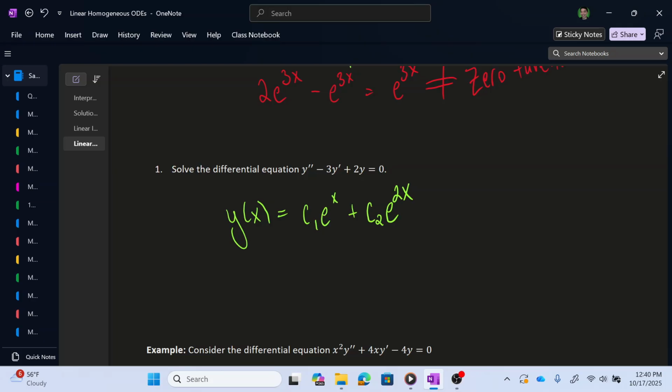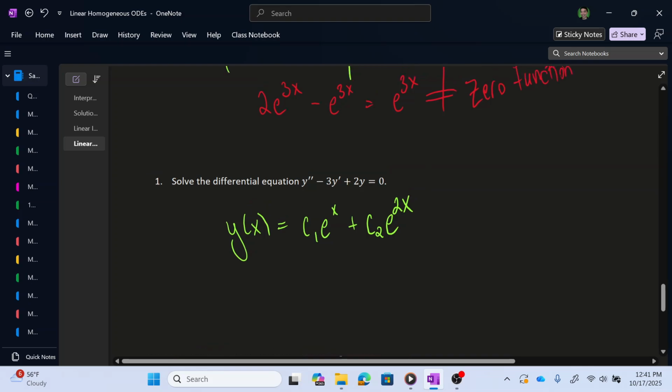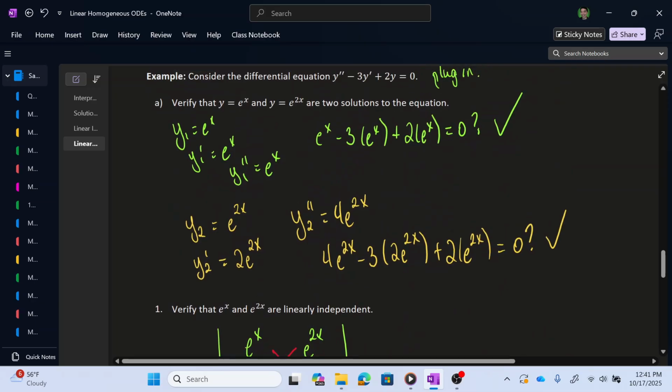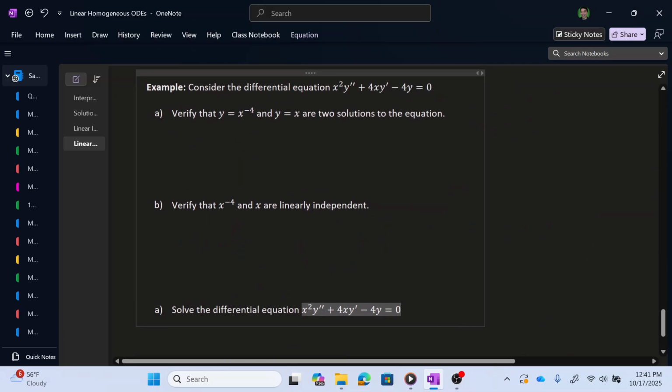So the format of all the solutions to this equation is some constant C1 times e^x plus some constant multiple of e^(2x). This is the format of all the solutions in the universe to this equation, just by combining these two independent solutions. Let's go through it one more time with a slightly different differential equation.